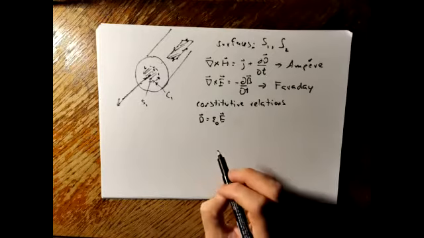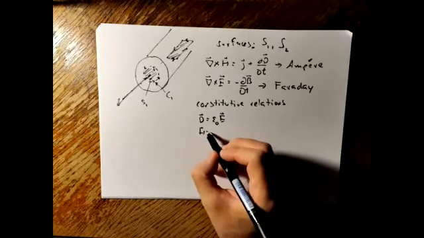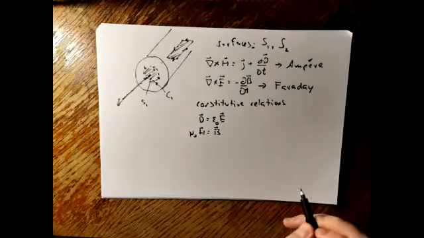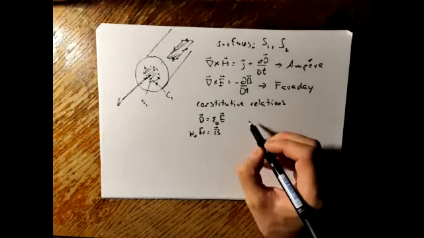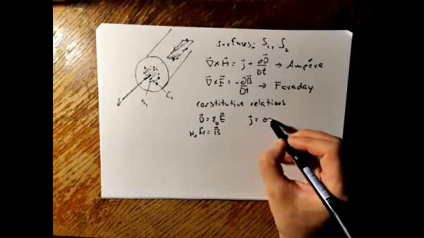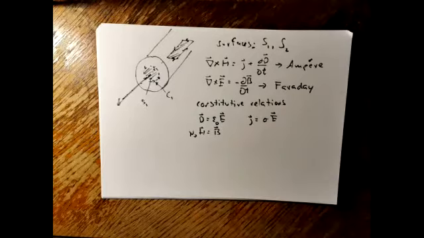We also have that mu 0 times H is equal to B. The only really non-trivial one is Ohm's law, which relates the current and the electric field. On top of this, we have a harmonic time dependence.